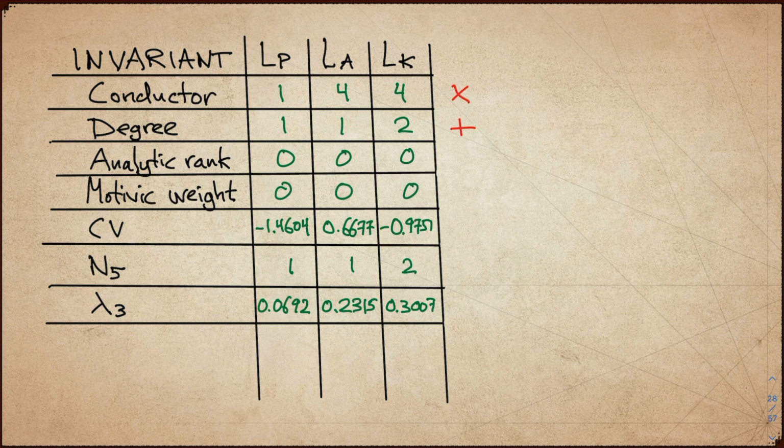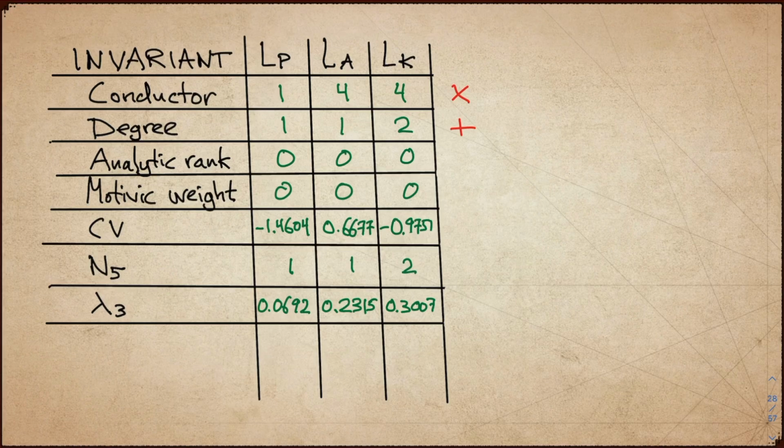Let's pause for a moment. Is there a reason to expect a relationship between these 3 columns? Yes, there is. The setting here is that in the world of L functions, the objects here form an addition. LP plus LA is LK. And this addition of L functions is reflected in the invariants.